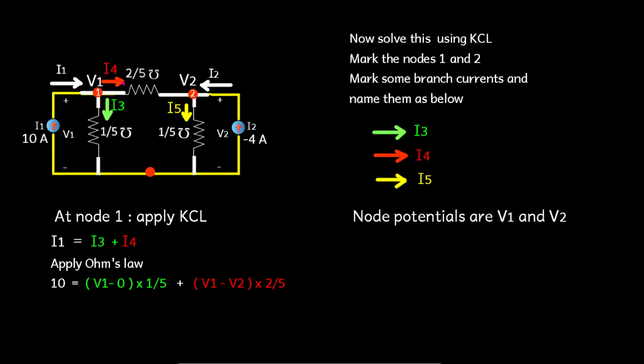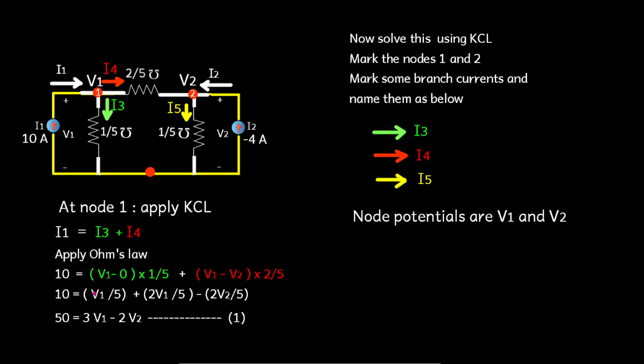In place of I4, you can write V1 minus V2 multiplied by this admittance 2 by 5. So we can rewrite this as V1 by 5 plus V1 divided by 5 into 2, that is 2V1 by 5 minus 2V2 by 5.